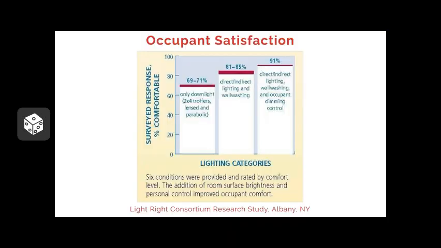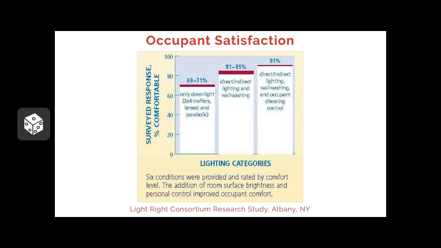And here's an example of a survey that was done by the Light-Right Consortium. They looked at just if a space only had downlights, aka designed by a reflected ceiling plan. And the occupant satisfaction was in the 70 percentile range. If you changed that lighting system to direct indirect lighting with wall washing, the satisfaction went up at least 10%.